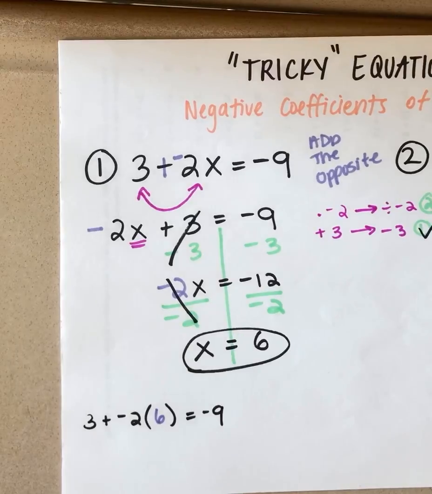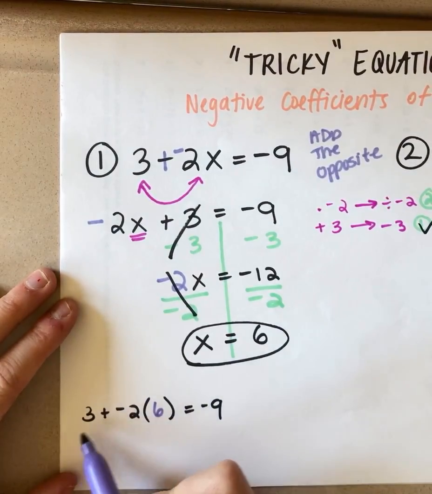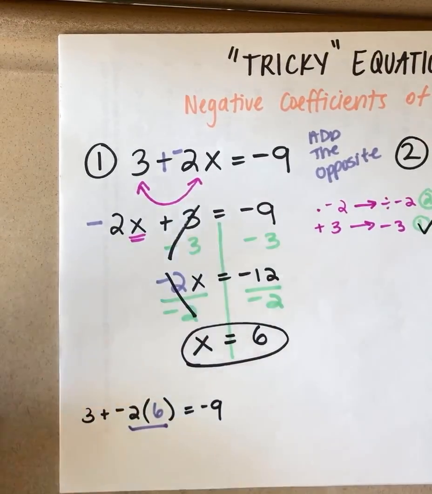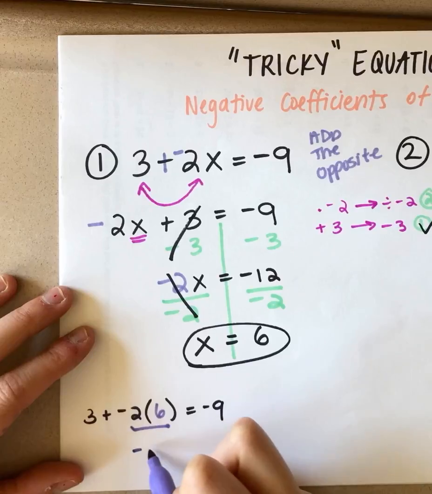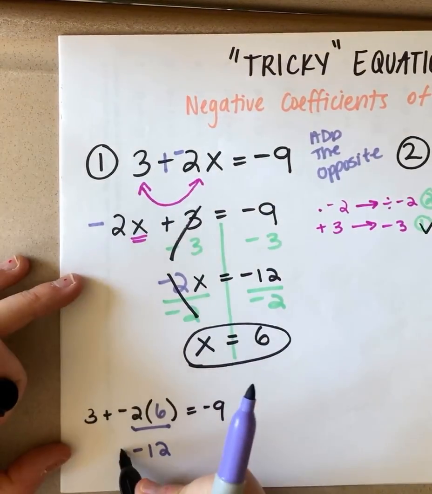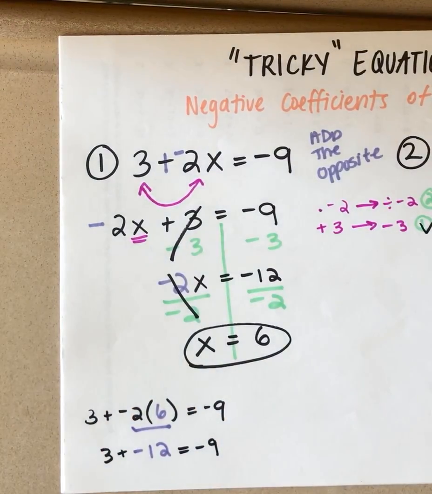I think that x is 6, so I'll fill that in and I'll do out this work. So I see 3 plus, okay, here multiplying comes before that adding when I'm checking, and I get negative 12 plus 3 is negative 9.